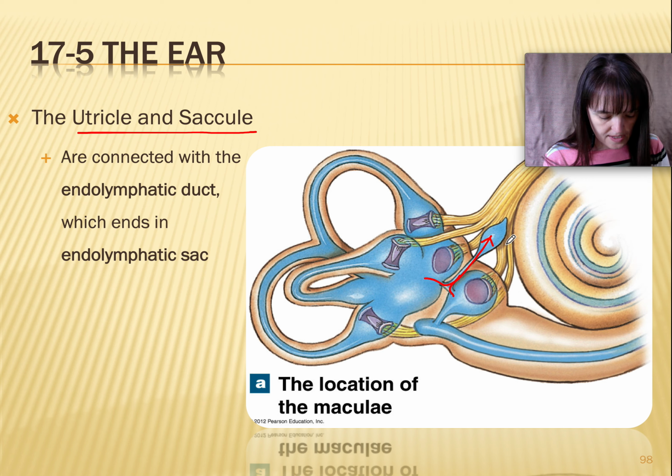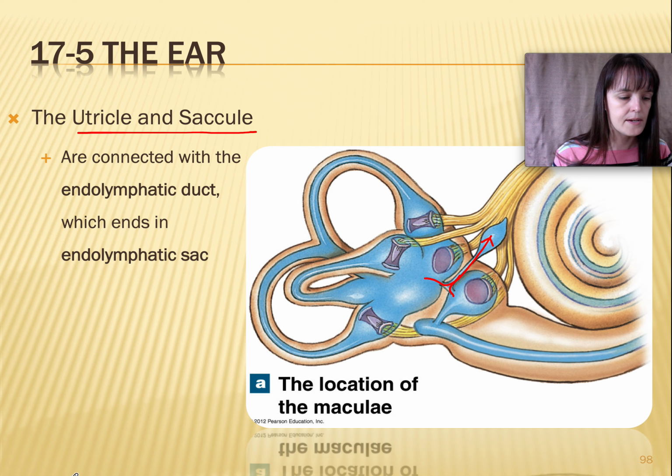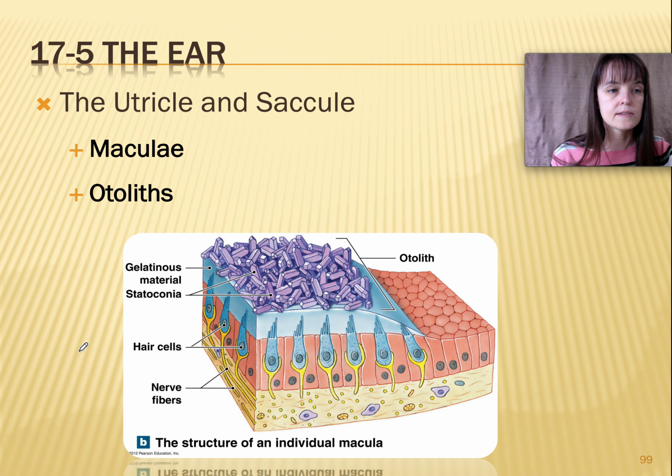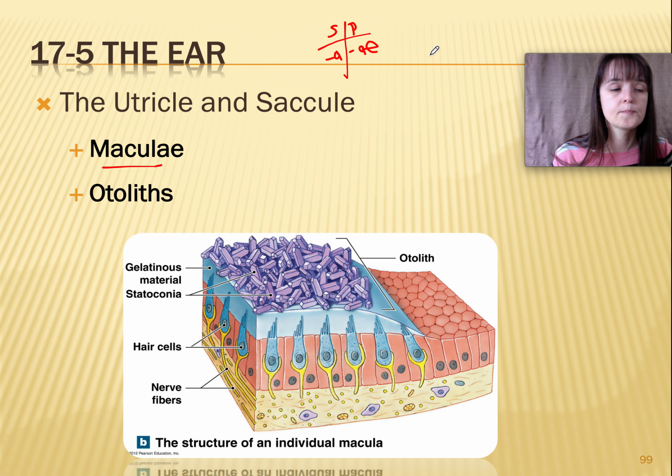The hair cells of the utricle and saccule are located in maculae, which is the plural. Singular versus plural, English versus Latin. One macula, two maculae, which is a long vowel either way.